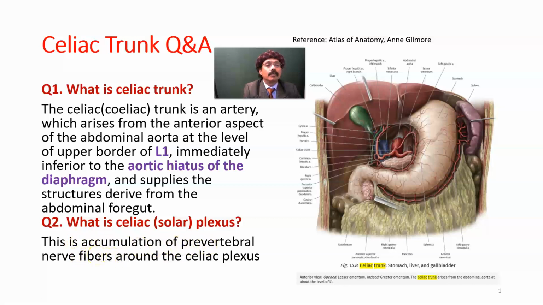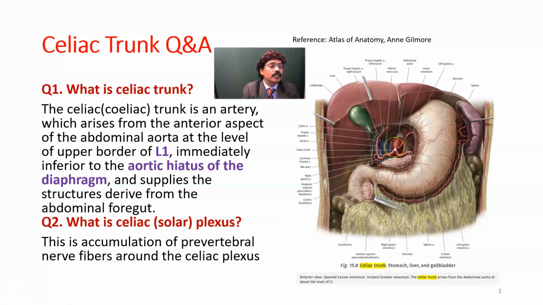They are derived from the splanchnic nerves, mostly sympathetic, with only a few parasympathetic contributions, and that forms a plexus around the celiac trunk. We call it the solar plexus. Also, we have lymph nodes around the celiac trunk, which are part of the pre-aortic lymph nodes. So in the dissection hall, you will find an accumulation of prevertebral nerve fibers as well as lymphatics around the celiac trunk.